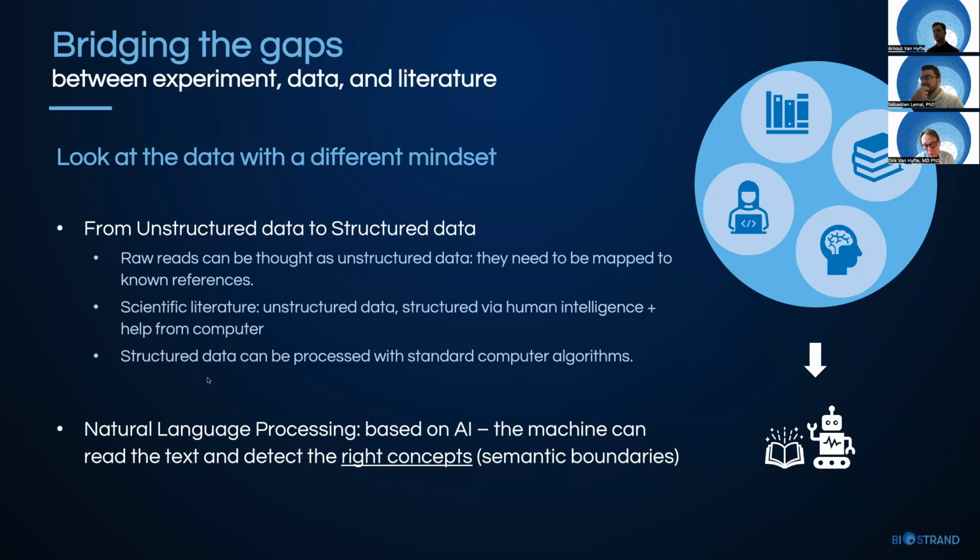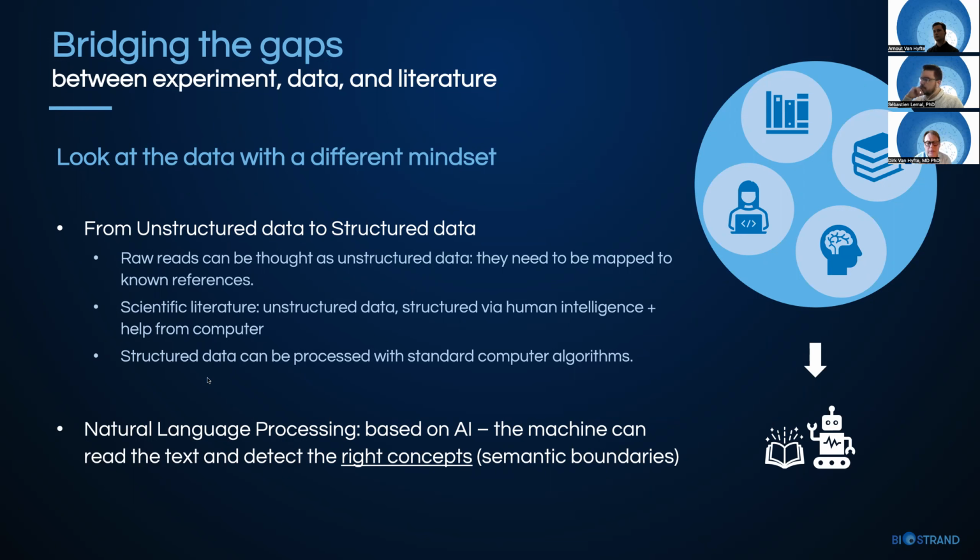On the other hand, you have the scientific literature, the scientific knowledge, which is also unstructured information. And there also we need to look for ways to turn that into structured information. Because once you have structured data, then you can really apply computer algorithms to make sense out of it.